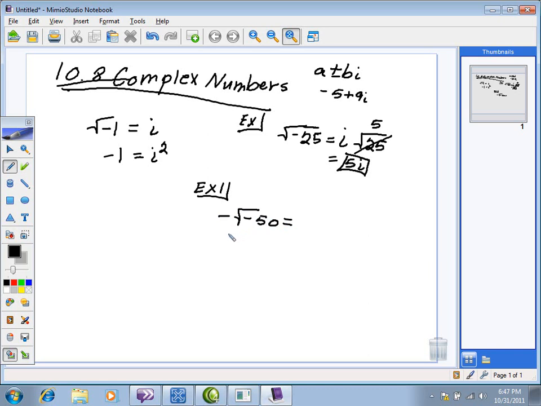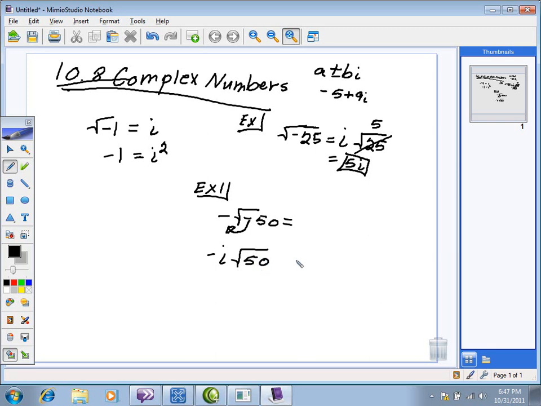That negative underneath the square root. So how do I deal with that? I'm going to take this negative and pull it out by turning it into an i, right? So I have a negative, I have an i, and I have a 50.